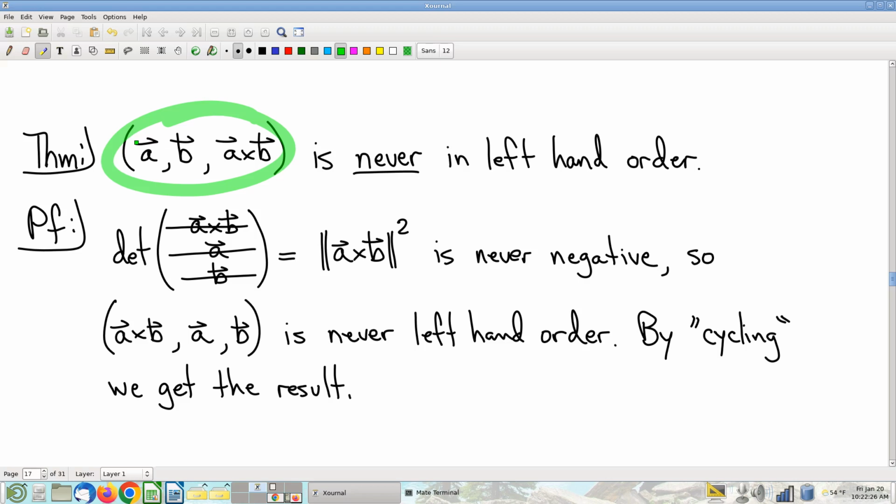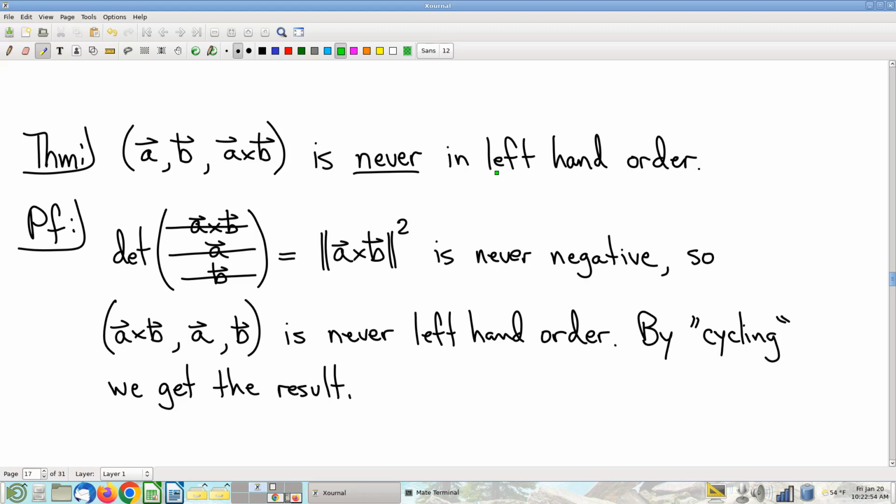Technically, A could be the 0 vector, in which case there is no right-hand or left-hand order. Right? It just doesn't work. So the cleaning up of this statement is that it's never in left-hand order, which basically is saying that this list is either right-hand order or we have 0 problems. Right? So loosely speaking, we think of it as being right-hand order.